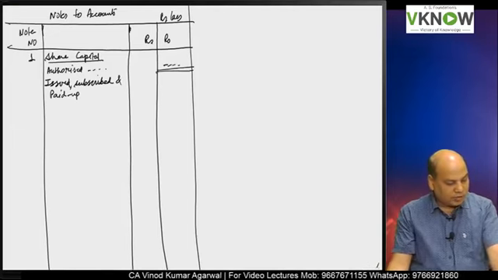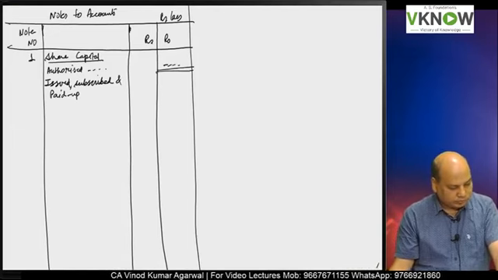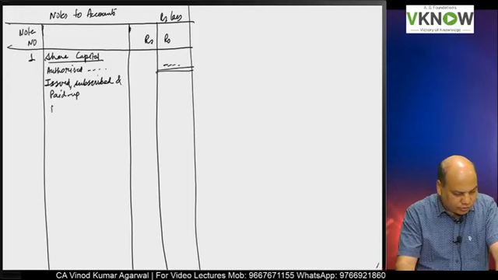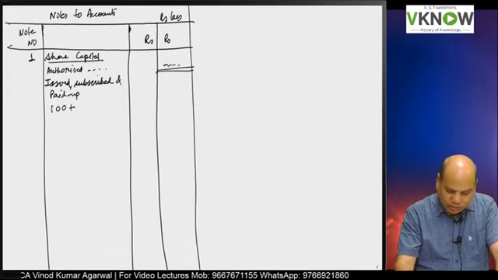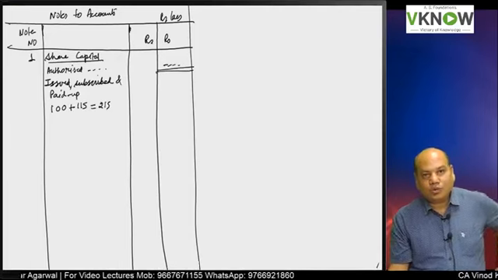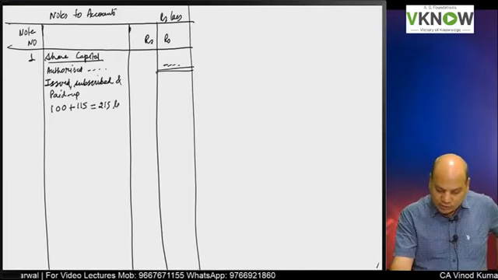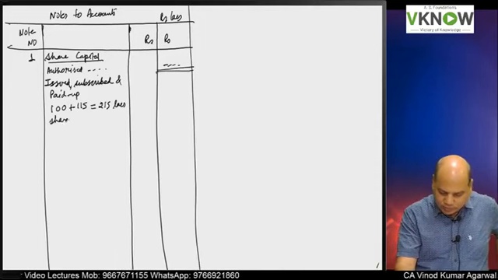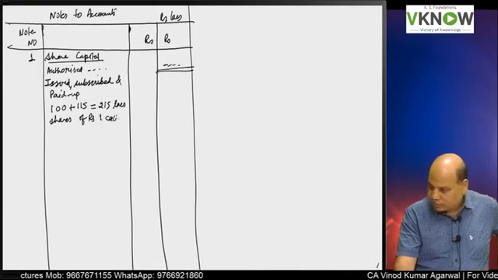In the balance sheet of Air Limited, there are already 100 lakh shares. Can you see that? And plus 115 lakh shares we have issued on acquisition of Cold and Dry. So 215 lakh shares we'll have now, of rupee 1 each.